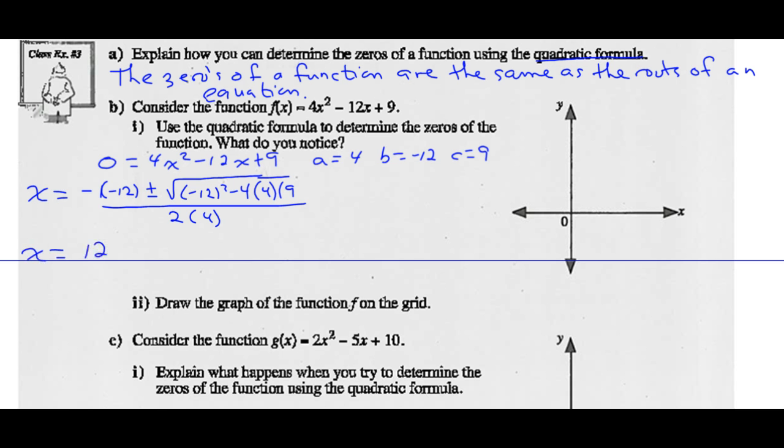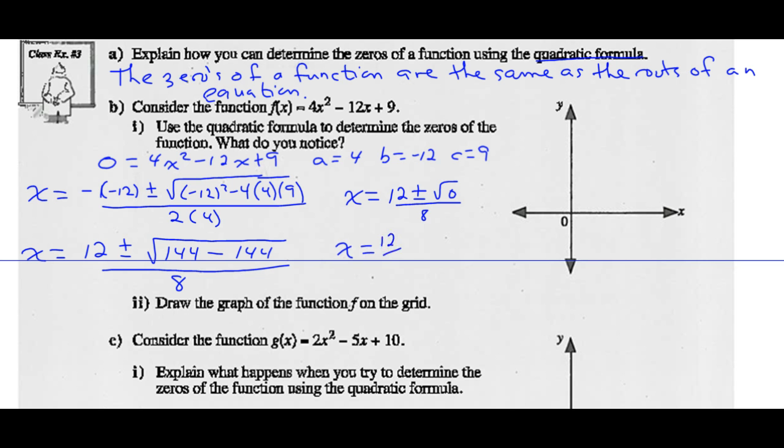Minus negative 12 is like saying 12, plus or minus the square root of negative 12 squared is 144, minus 4 times 4 is 16, times 9, which is also 144, all over 2 times 4, which is 8. So we get x equals 12 plus or minus root 0, all over 8, or x just equals 12/8, which in lowest terms is 3/2.